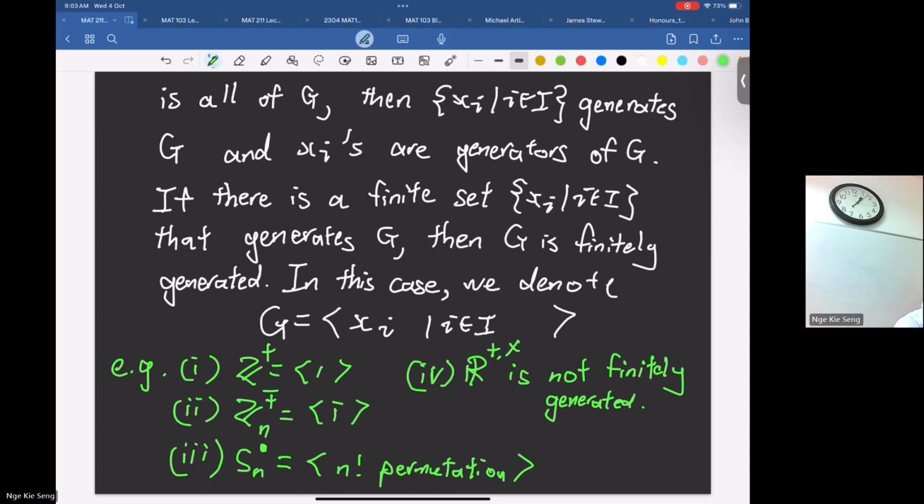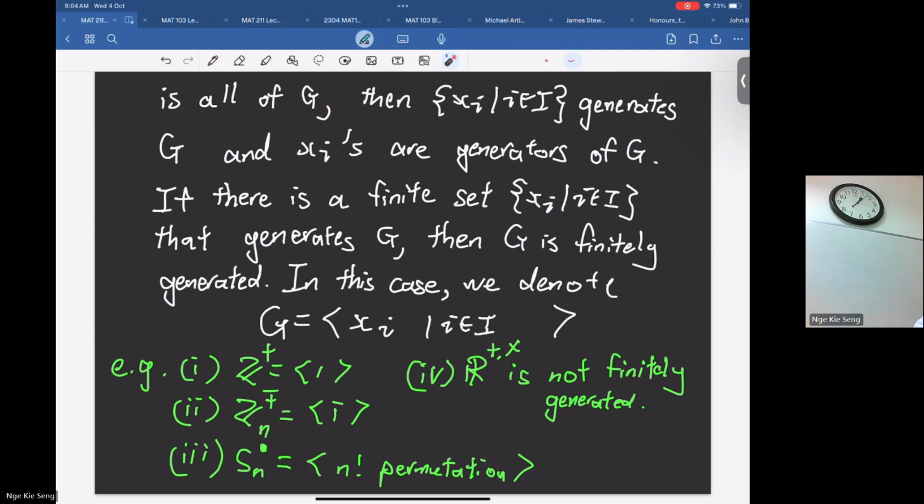But remember, when we put multiplication on R, it's not R anymore. It's R with 0 thrown away, because 0 has no inverse. So there is some subtlety you need to take care of sometimes.